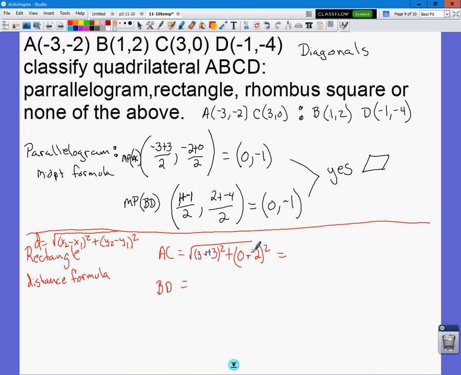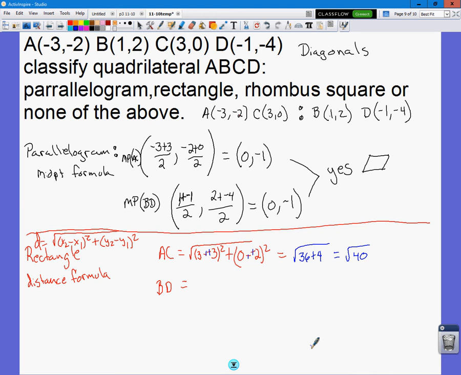Positives. 3 plus 3 is 6, but 6 squared is 36. 0 plus 2 is 2. 2 squared is 4. And I would leave this as the square root of 40.